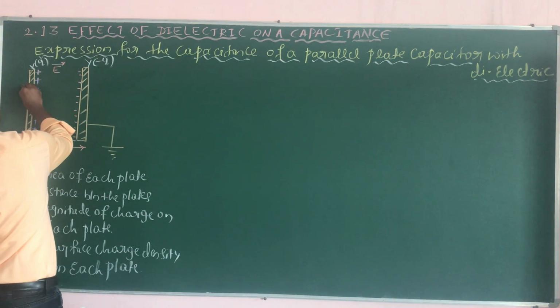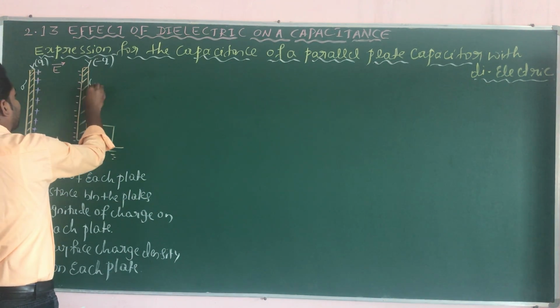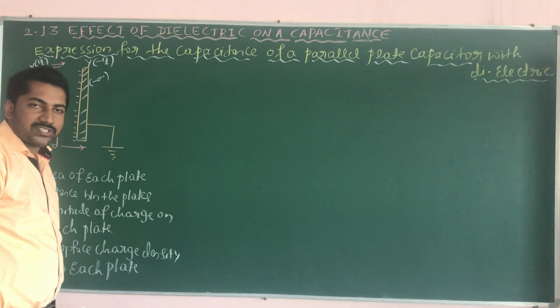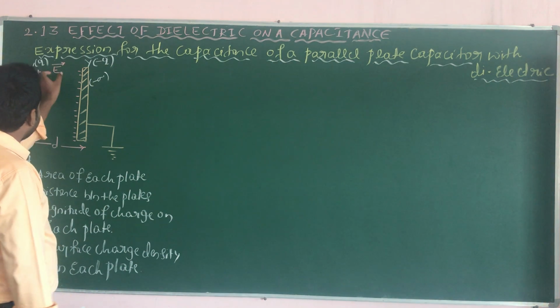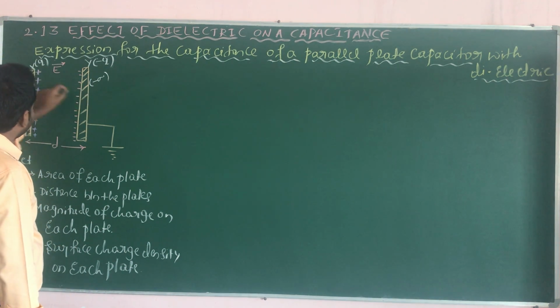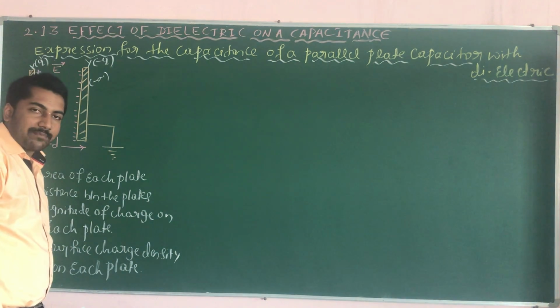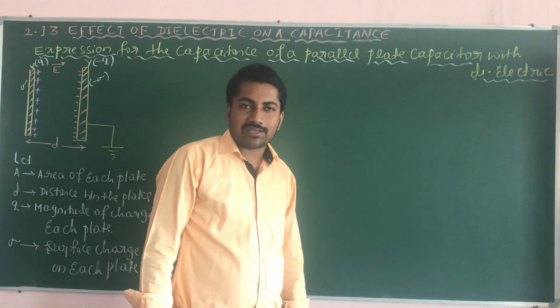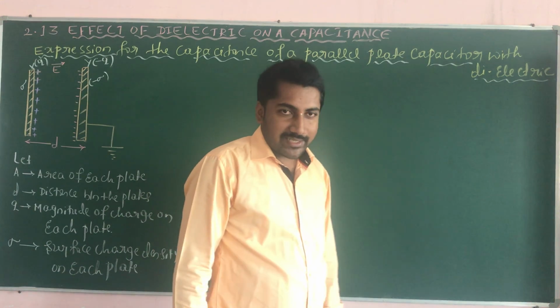Here sigma is the surface charge density, and the other plate has minus sigma. E is the net electric field between these two parallel plates. According to the applications of Gauss law, we have already studied the electric field.